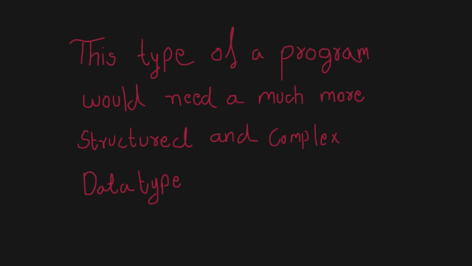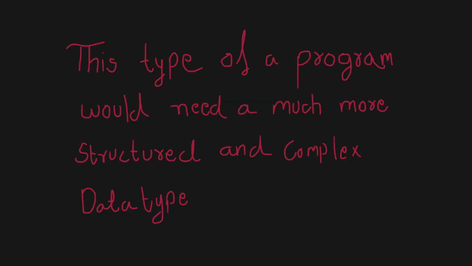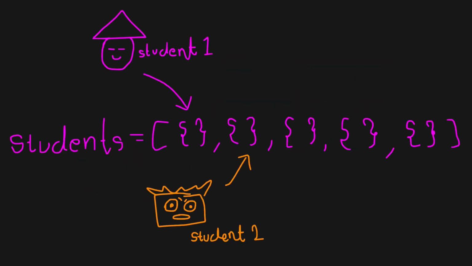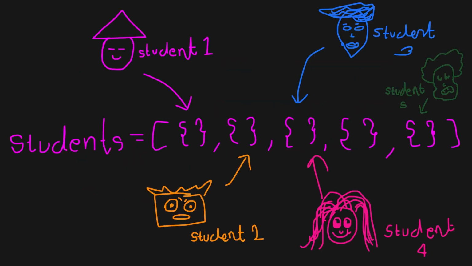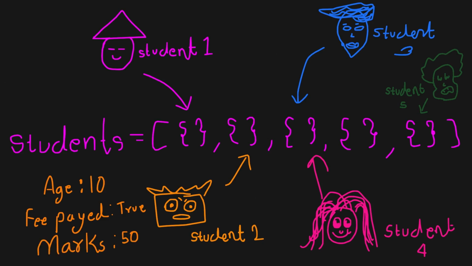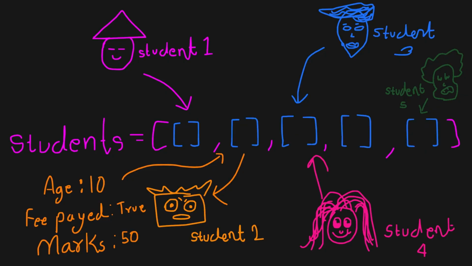You want your data to be a lot more structured than that. You want your data to be associated with a particular student as well, right? Because when you store the information about a student, say age 10, fees paid, yes, marks 50, you also want to know which student this data belongs to. So a list is not very helpful here, right?